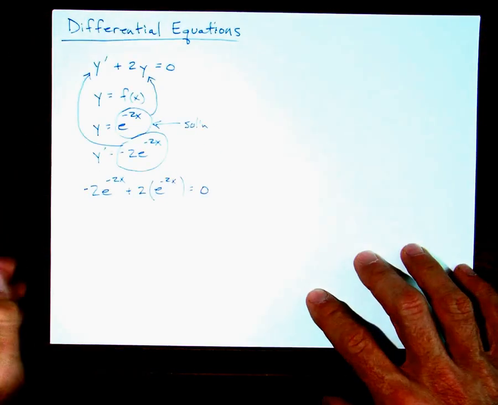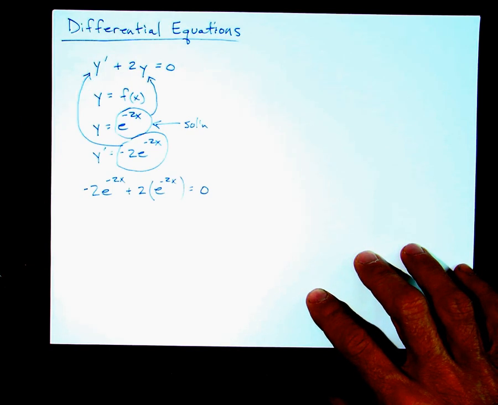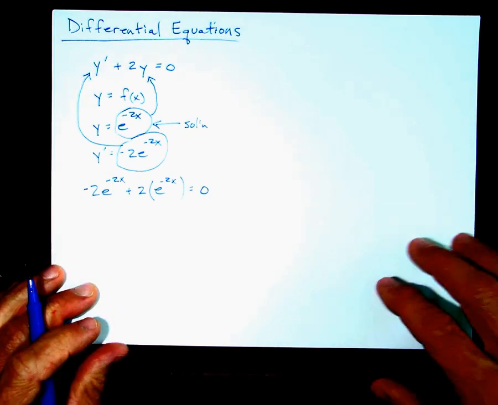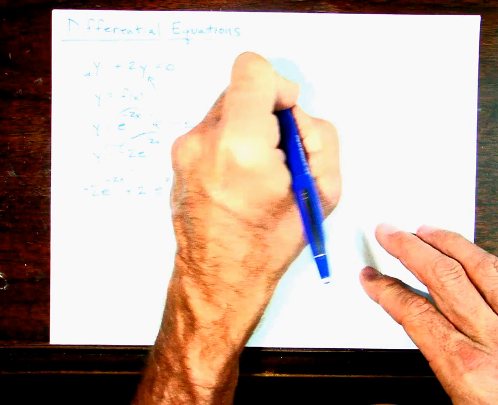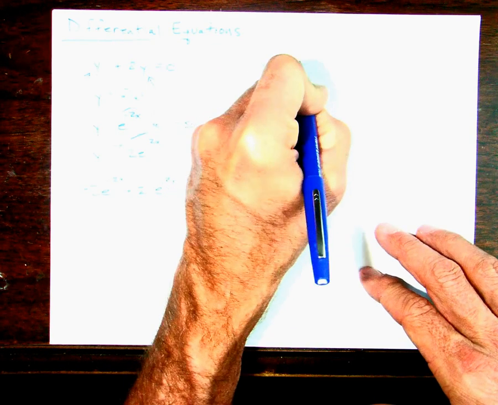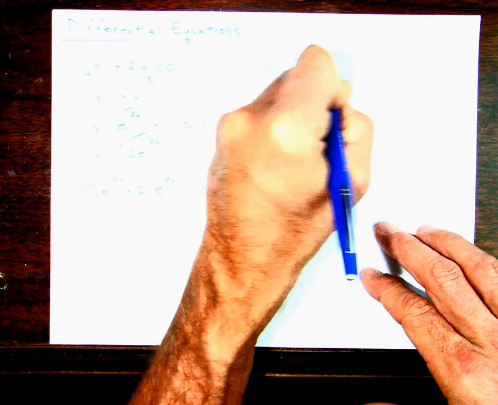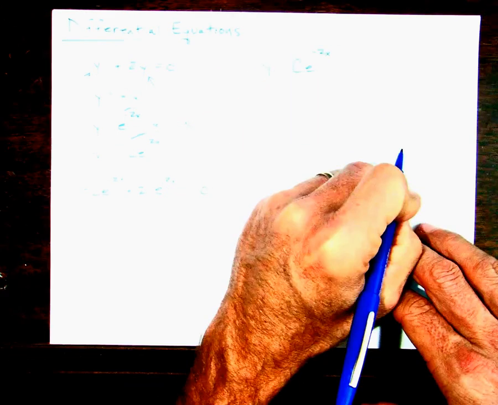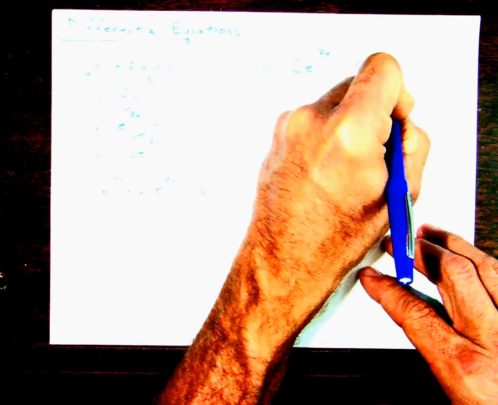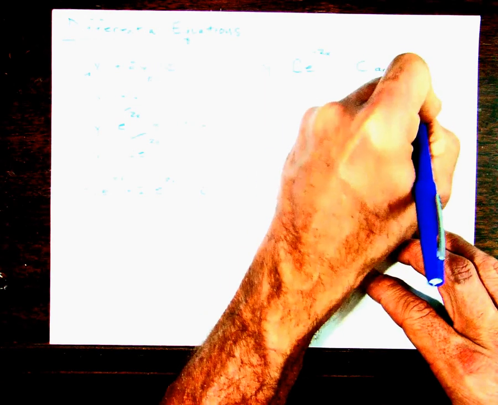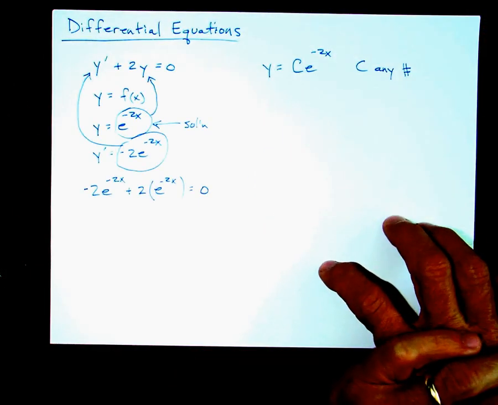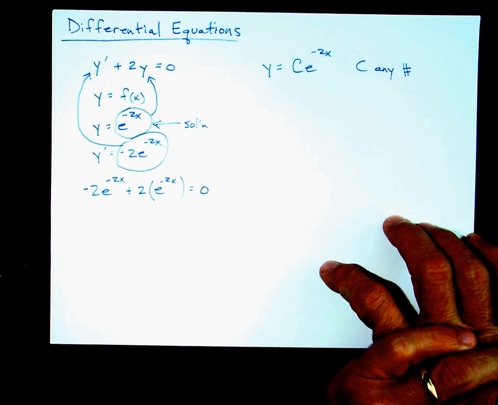So that means that this function is a solution to this differential equation. And in fact, if we have y equals c e to the negative 2x, where c is any number, we can show that that also is a solution to the differential equation.